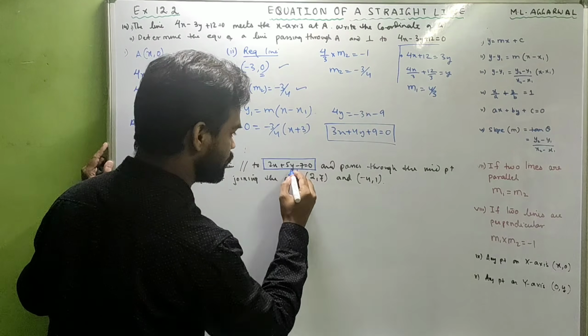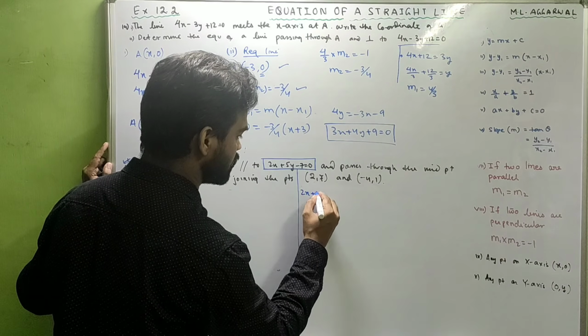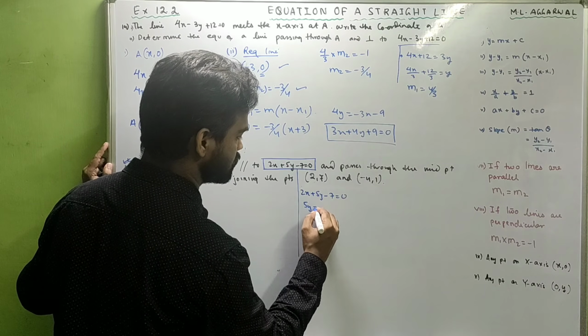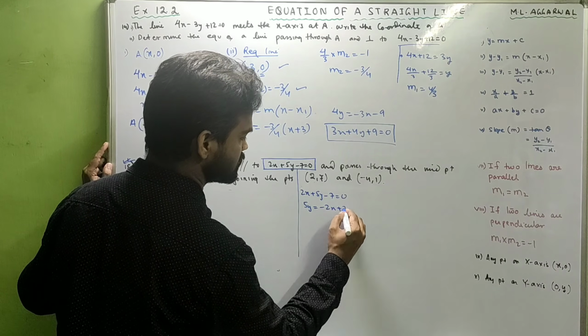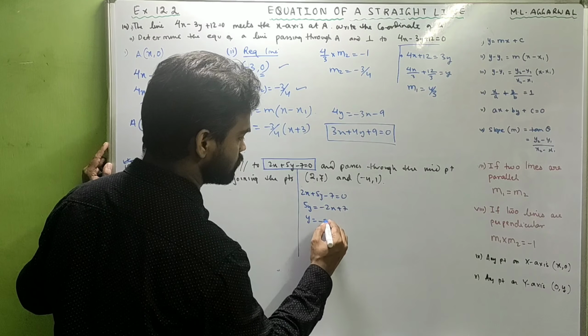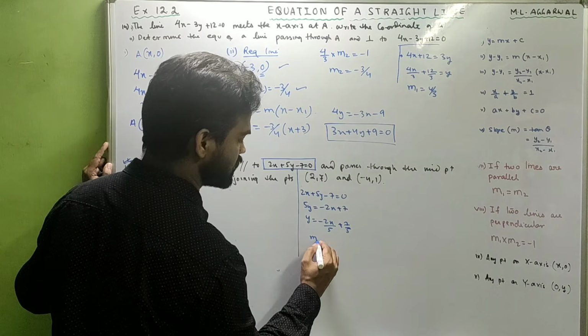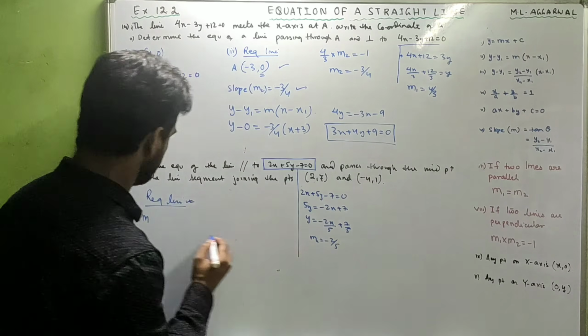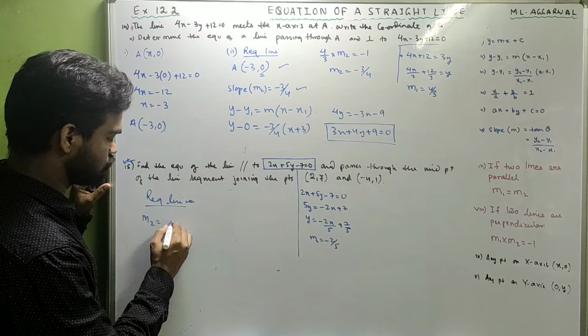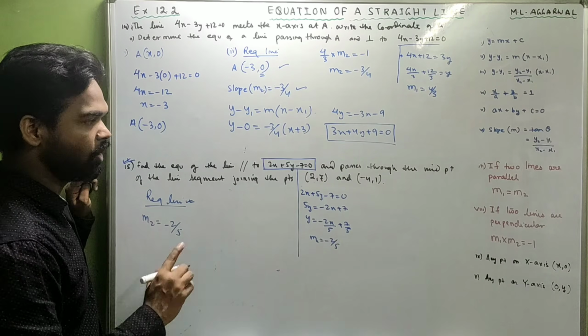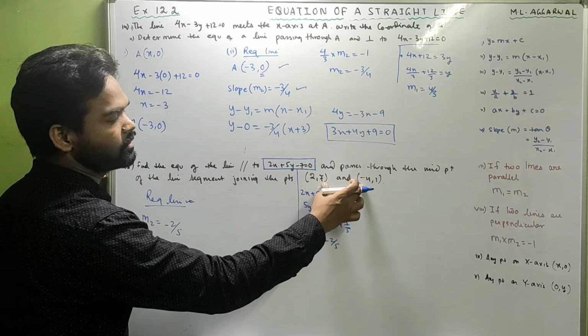Look, first find the slope. So 2x plus 5y minus 7 equals 0. 5y equals minus 2x plus 7, or y equals minus 2x by 5 plus 7 by 5, which means m1 is minus 2 by 5. So your m2 will be minus 2 by 5 because they are parallel to each other. Now the point, how do you get it? You find the midpoint.